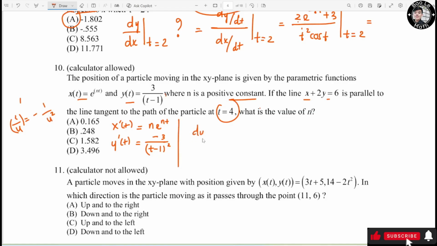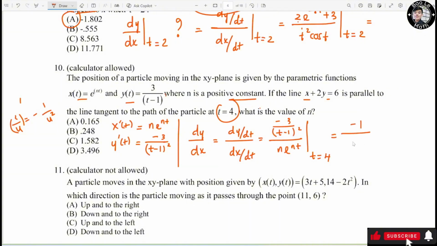So you have dy over dx equals dy over dt divided by dx over dt. So it's going to be negative 3 over t minus 1 altogether squared over n times e to the n t, right? Now you need to evaluate this one at t equals 4, right? So it's going to be negative 1 over 3 times n e to the 4n, right?